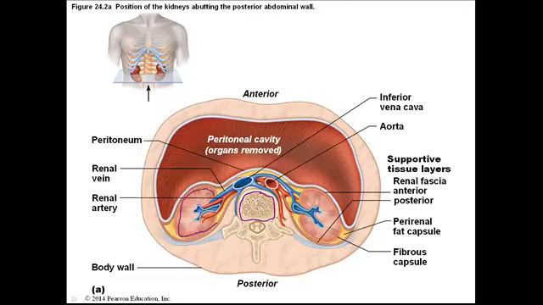And on the left side, superior to it, will be the spleen. Way back in this deep valley on each side of the vertebral column. So you can see where the vein and artery enter on each side, and the right kidney is a little bit lower than the left kidney because the liver's in the way.